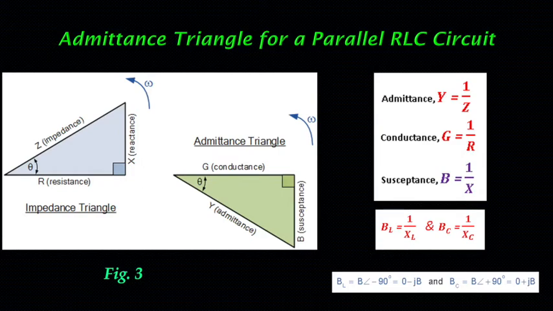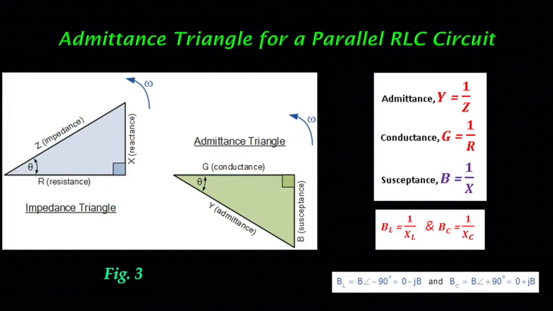In an AC series circuit, the opposition to current flow is impedance Z, which has two components, resistance and reactance. From these two components, we can construct an impedance triangle.